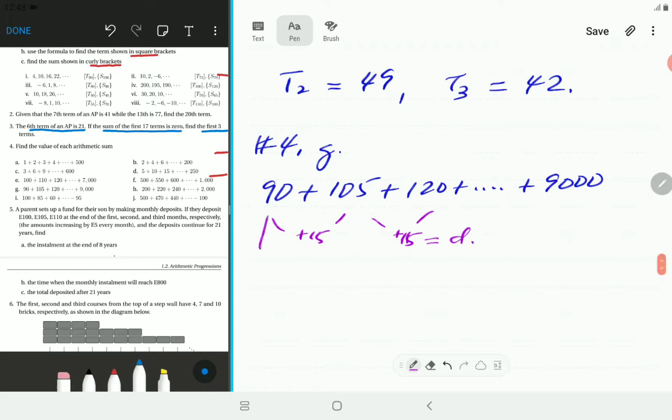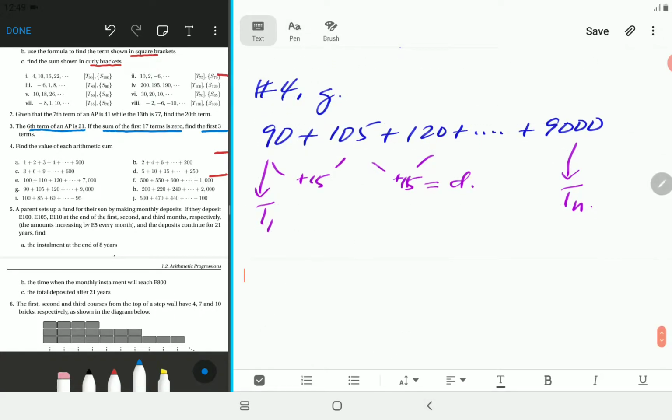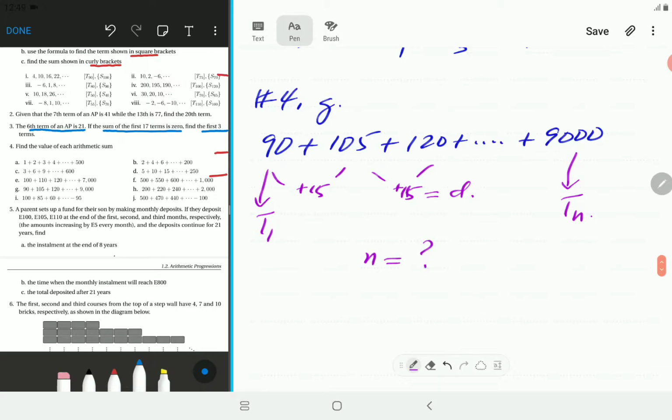From this we know that T1 is 90, Tn is 9,000. The thing that we don't know is the number of terms. Okay.